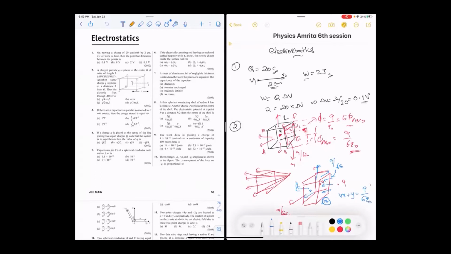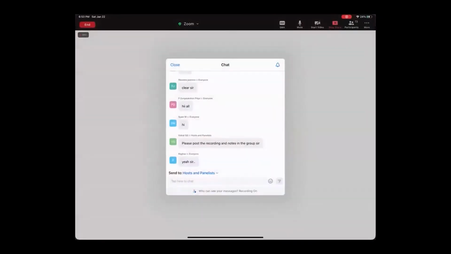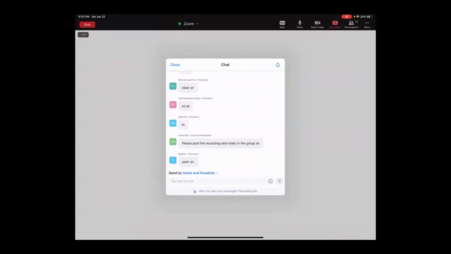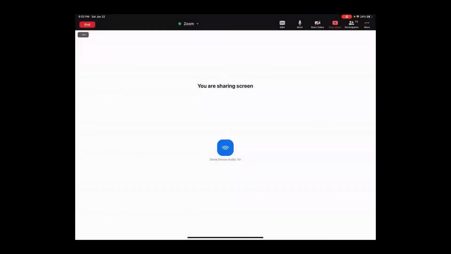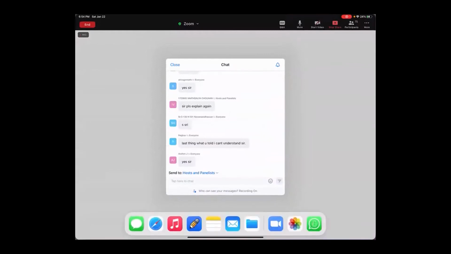Are you able to understand? Yes or no? Very logical question. You can just type yes, sir. Raghav. Are you able to understand me? Or I'm not getting the chats? Right, Shivangi. Please explain again. Okay, the last thing you told, I can't understand.